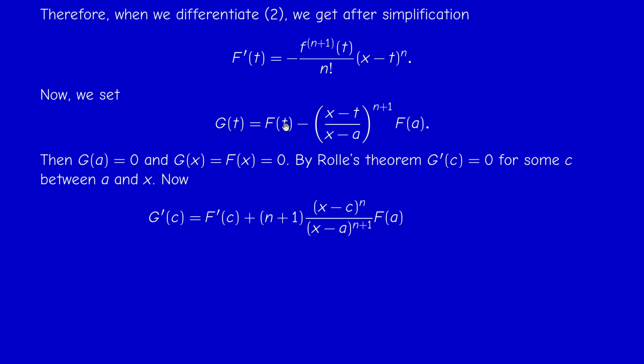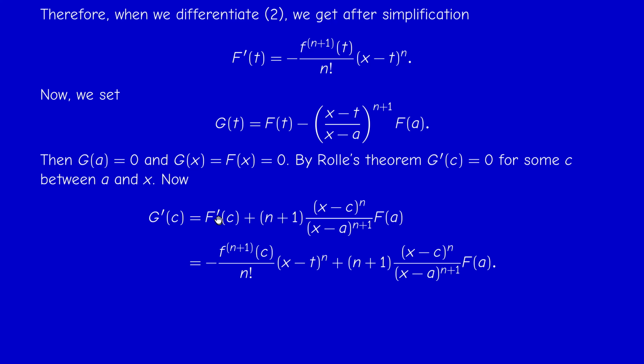You get f prime of t. This is just a constant, and here you get n plus 1 times x minus t to the n, but minus minus cancel. So you get f prime of t plus n plus 1 times x minus t to the n over so on, and just replace t by c now. And so you get precisely that. So this sum should be 0.